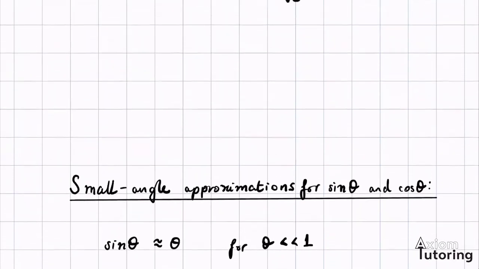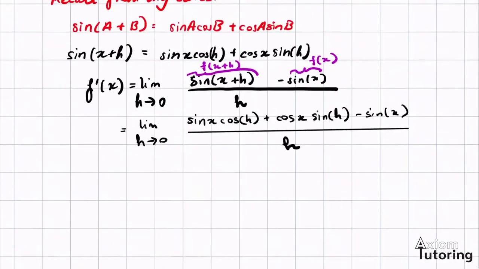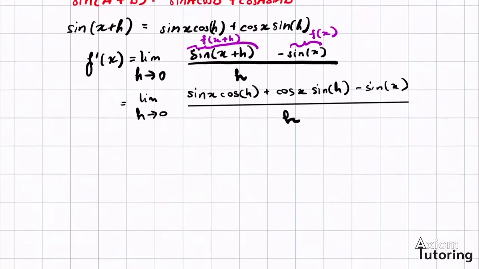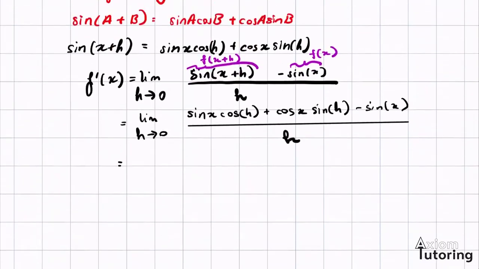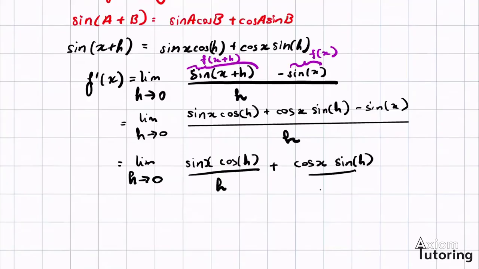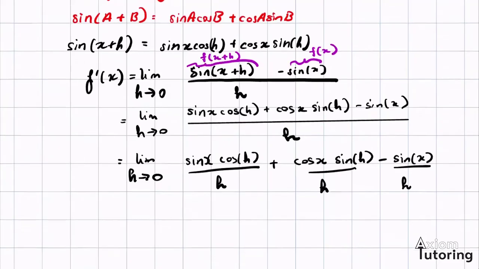So if we apply our small angle approximations to our limit for our derivative here, if I first rewrite this and I divide each of these terms by h first, so I'll write that as sine x cos of h over h plus cos x sine of h over h minus sine x over h.